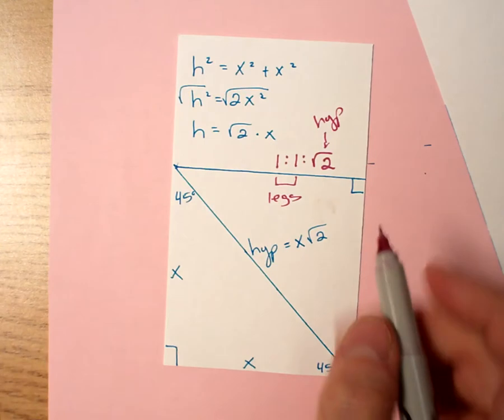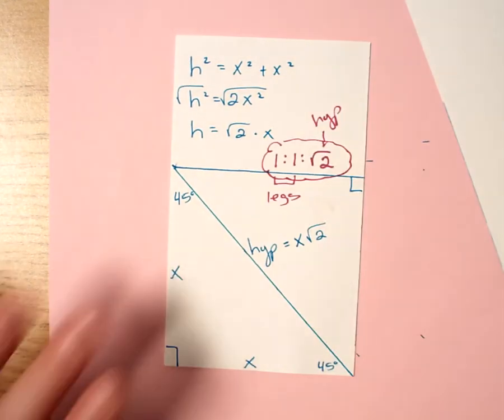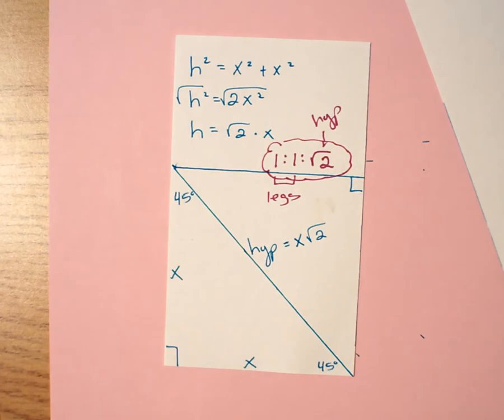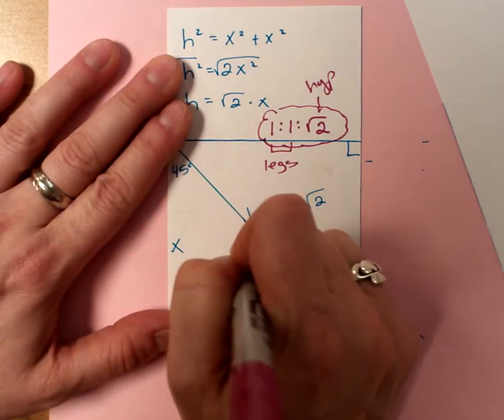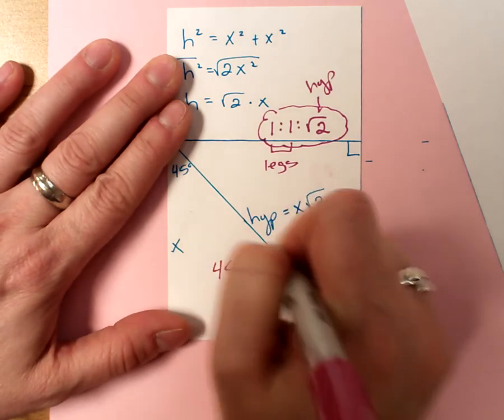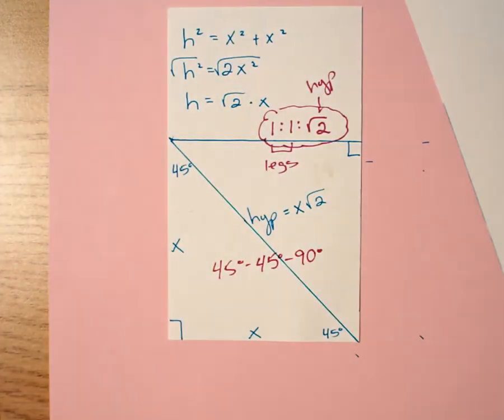So we're going to use this pretty significantly in all of our work. So we can label this side of the note card 45, 45, 90. So this is our 45, 45, 90 triangle.